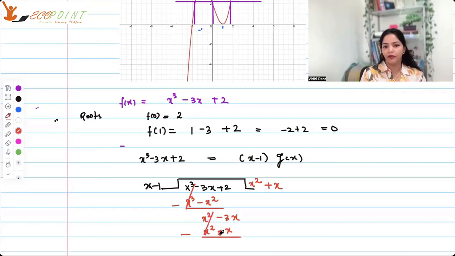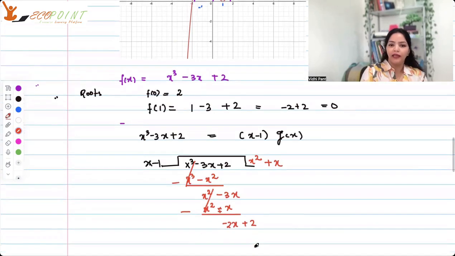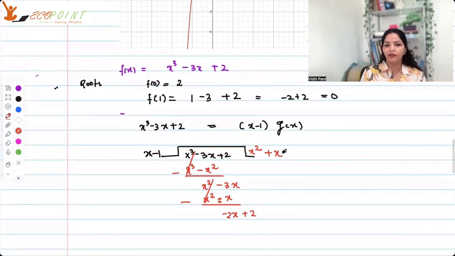This turns into plus, so this is minus 2x plus 2. And in order to get minus 2x, I'm going to take minus 2. That gives me minus 2x, and multiplying that here gives me plus 2. Now when I subtract, this entire thing cancels off and I have a remainder of 0.